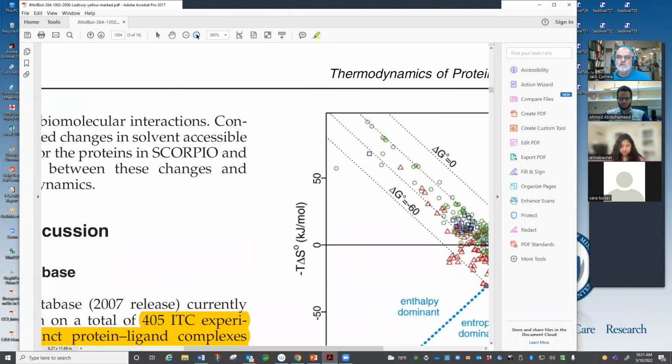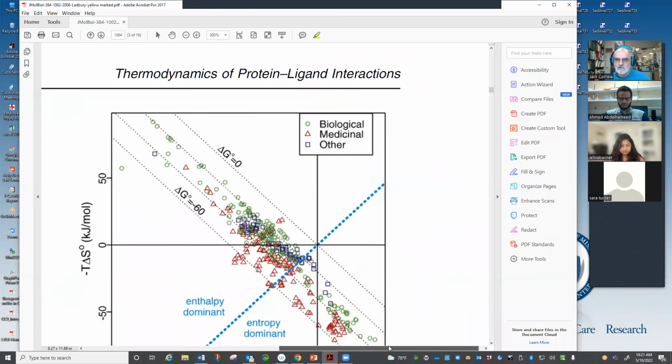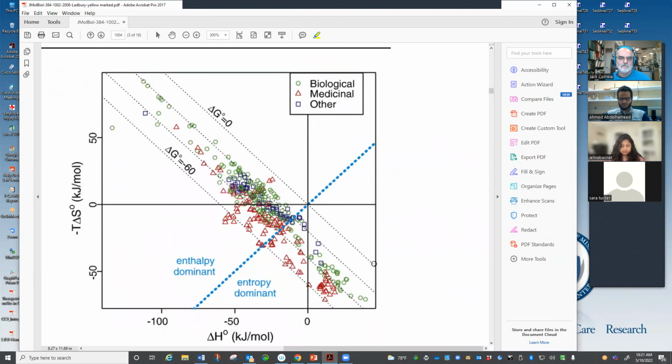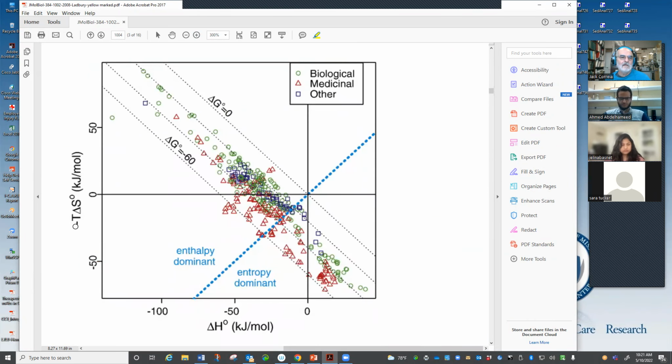So they introduced this here, and I wanted to sort of blow this up by plotting minus T delta S versus delta H. In the other plots that we have made, we usually plot delta H versus T delta S or delta S. And it has a slope that I told you recently is the correlation temperature.